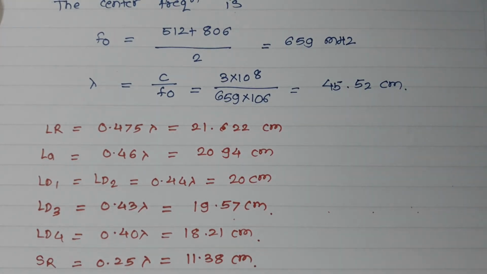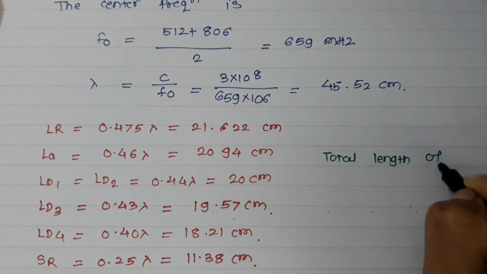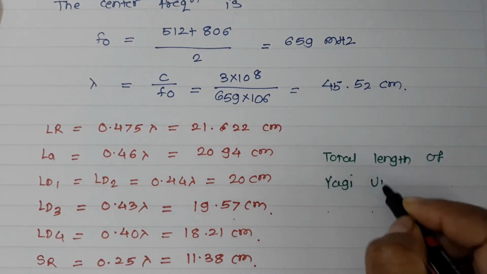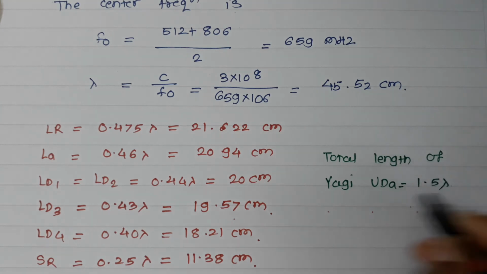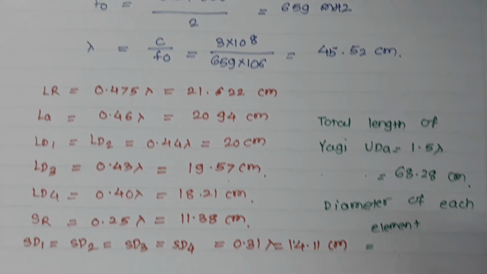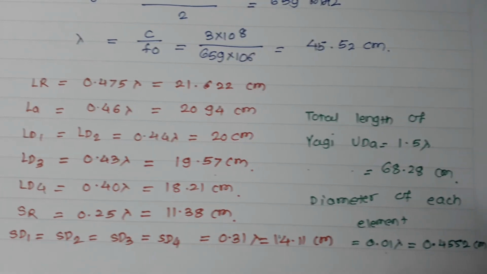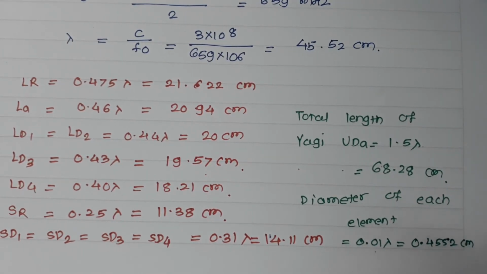If you add these lengths, the total length of the Yagi is equal to 1.5 lambda, which comes to 68.28 centimeters, and the diameter of each element is equal to 0.01 lambda, which comes to 0.4552 centimeters. So this is the design of the 6-element Yagi antenna. We'll stop here. Thank you.